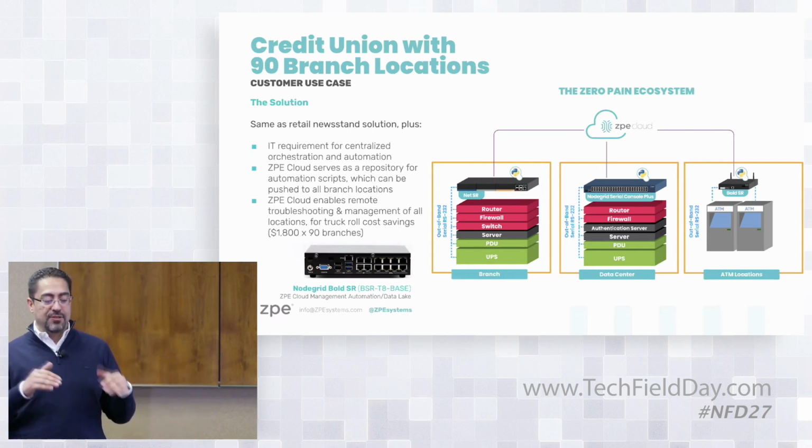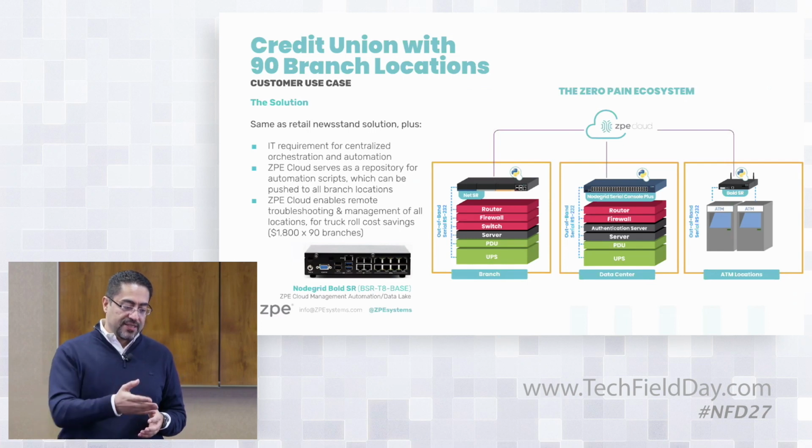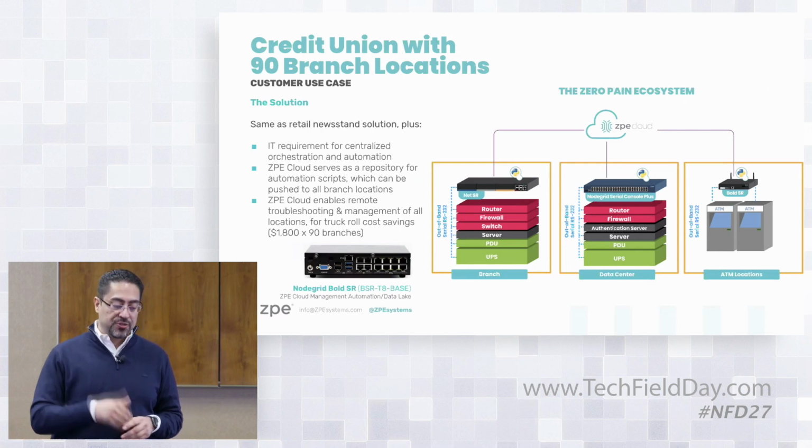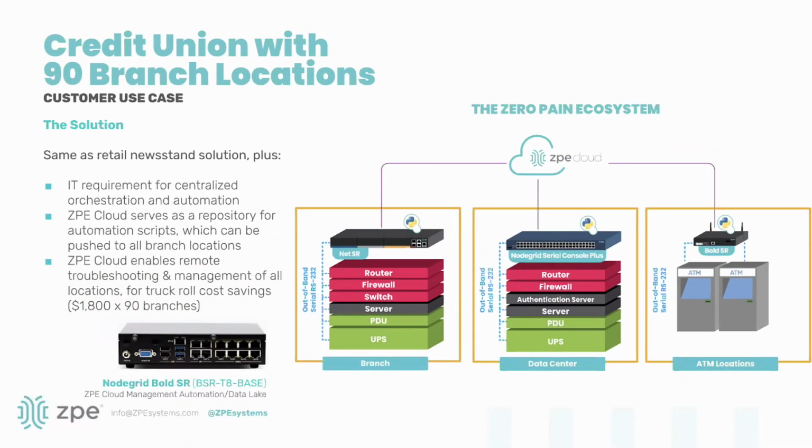And now we've brought that to the infrastructure, where you can run the same Python code that you're comfortable with on our systems. So this is connected to ZPE Cloud, and in ZPE Cloud, we have a repository of automation scripts. Renee is going to actually show that and even take that further with Ansible. And this customer is able to save $1,800 for every truck roll that they don't have to do, and really have all those branches up and running all the time.